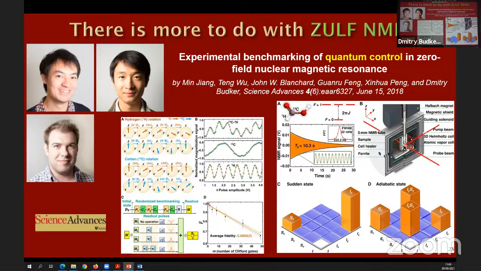So the trick that is played here is that you notice that there is a particular ratio between the gyromagnetic ratios of carbon 13 and the proton, and the proton has a very big gyromagnetic ratio. If you take carbon 13, the ratio is about 4.